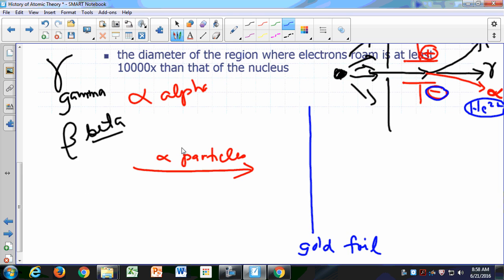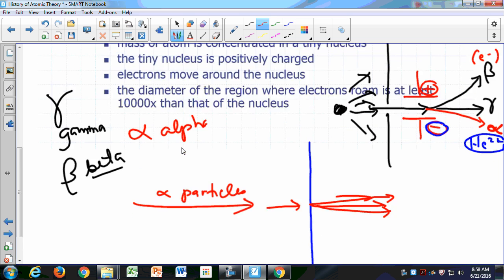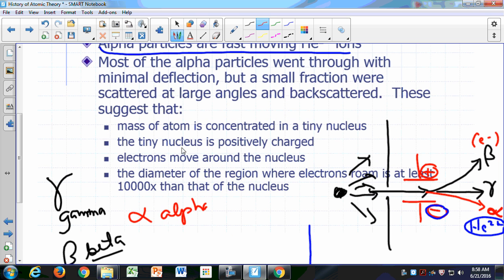He fired alpha particles at a foil of atoms, and what happened was most of them just passed through with very minor deflection. That's what you would expect for the plum pudding model. All the particles would just pass through with very minor deflection. But one strange thing happened in this experiment: a small fraction were actually scattered at large angles and backscattered.